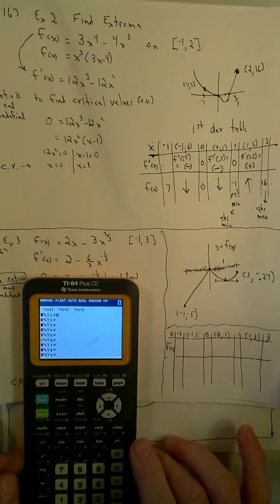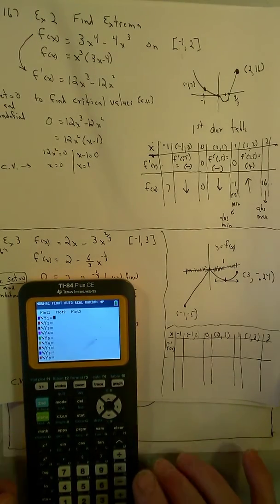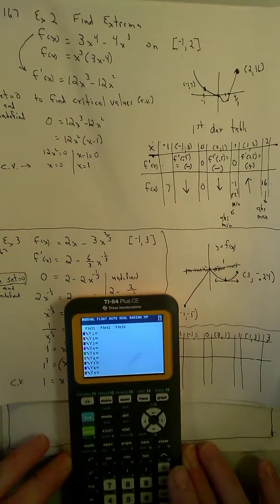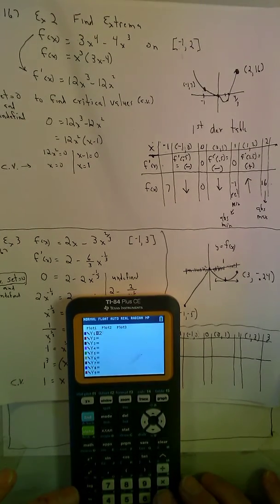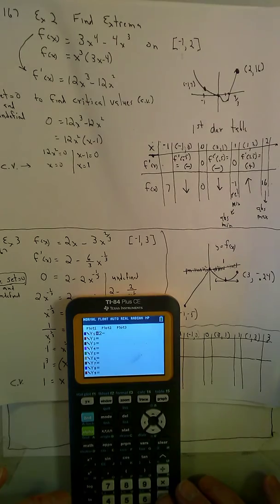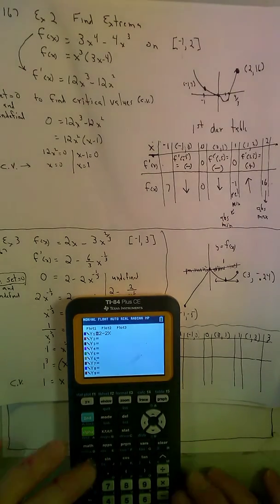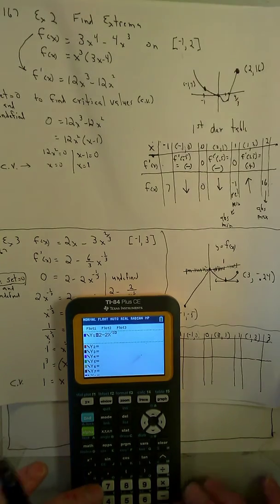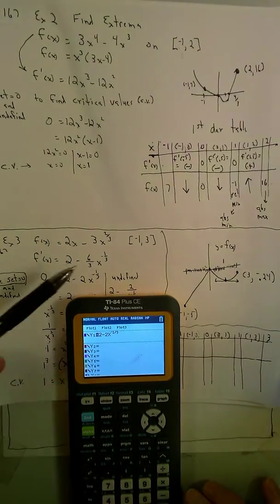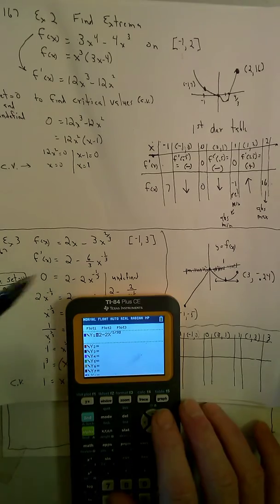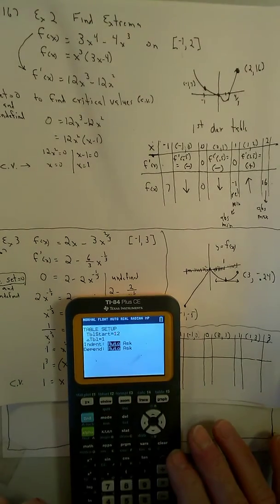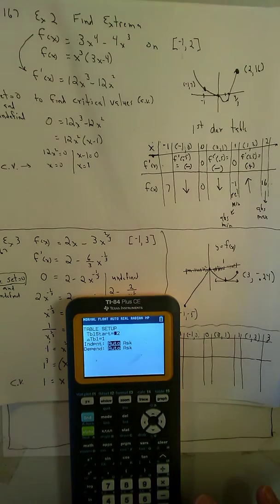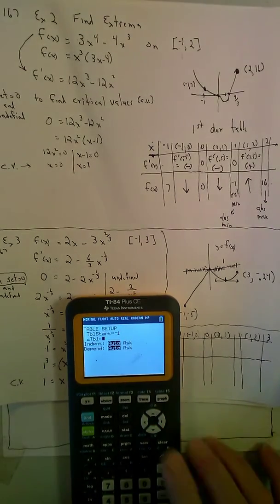So, let's see, I'll use that one right there: 2 minus 2x raised to the -1/3. Now go to your table, set. I'm going to start at -1, and I'm going to count by 0.5s so I can get some numbers in between here.